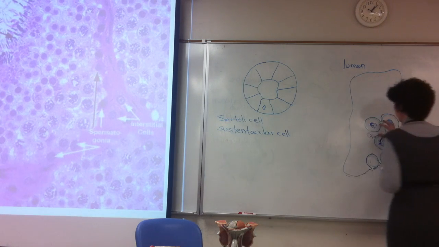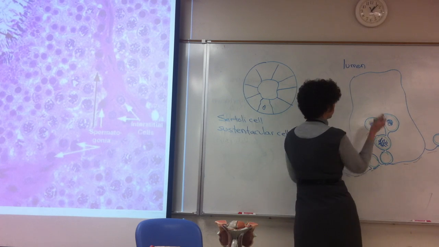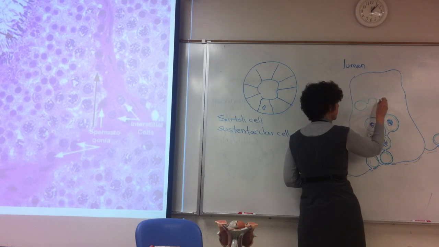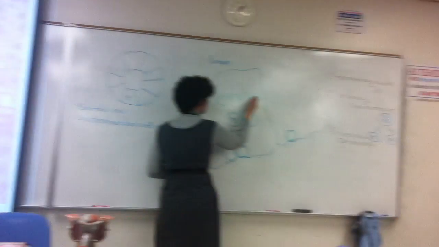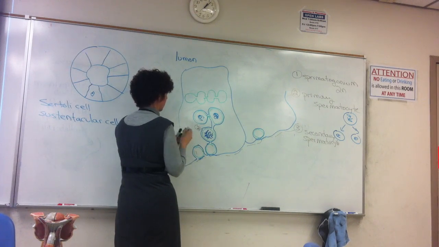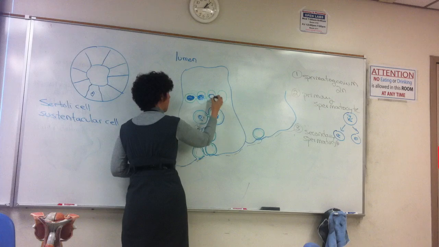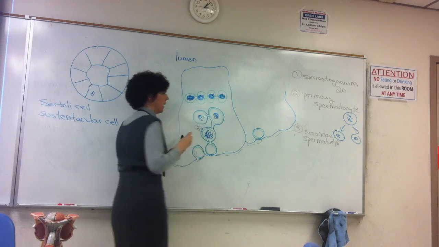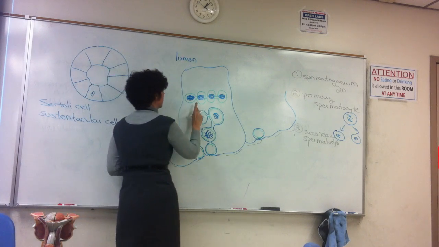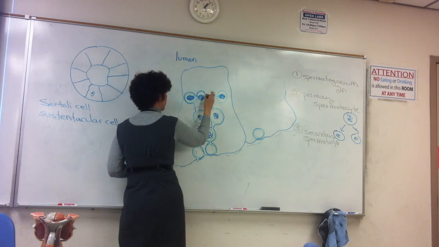Now, the secondary spermatocyte immediately divides again. So each one is going to form two cells. Again, cytoplasmic connection. And these cells have very dense, small nuclei because they're no longer synthesizing protein and the nucleus is condensing, ready for transport to the female reproductive tract.